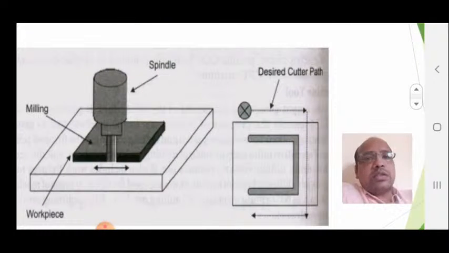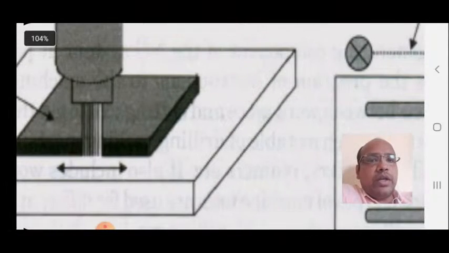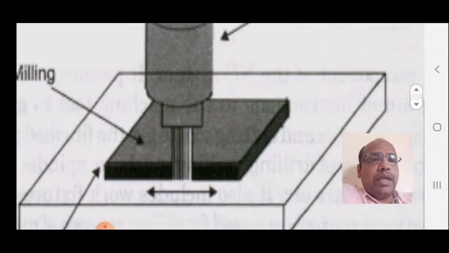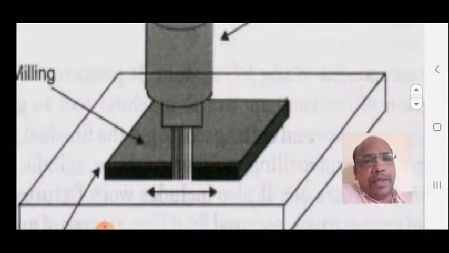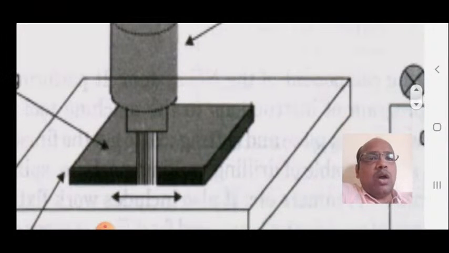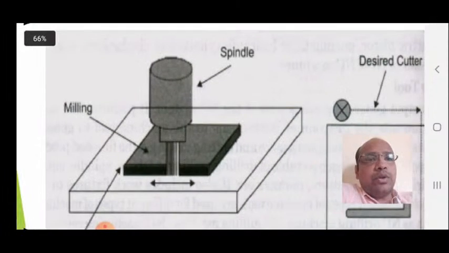Straight cut ENC system is mostly used for milling operations. You can see this figure. In this figure, this is a milling tool, and there is a workpiece which is to be milled, and this spindle moves along the surface of the workpiece, and you can mill the component.